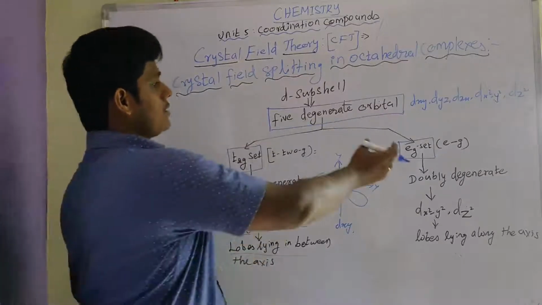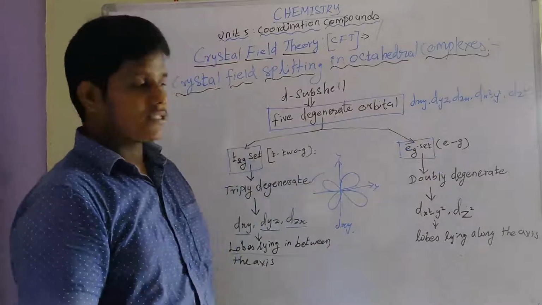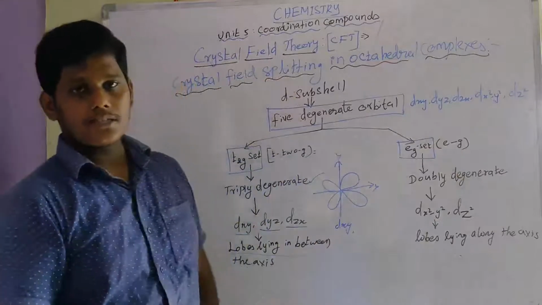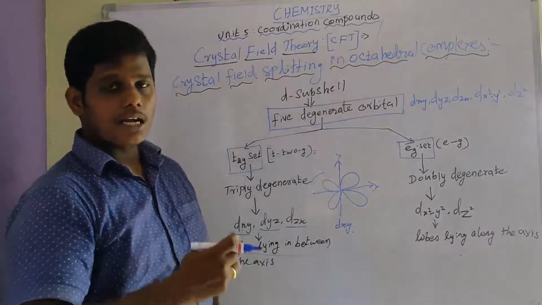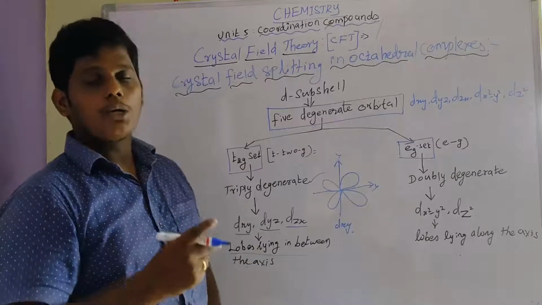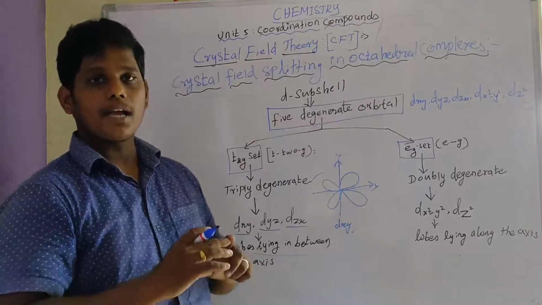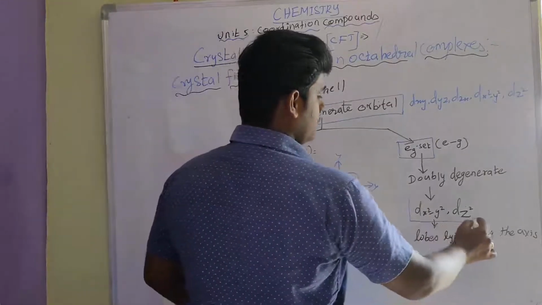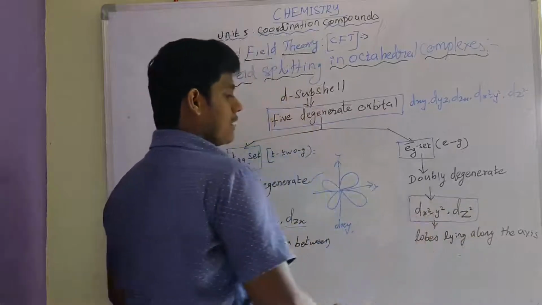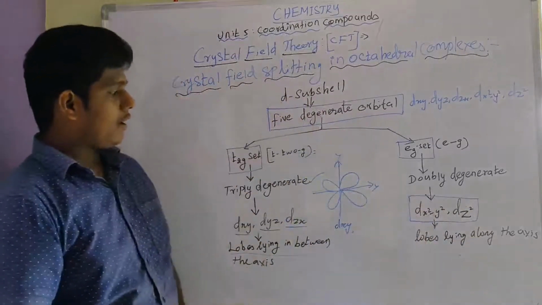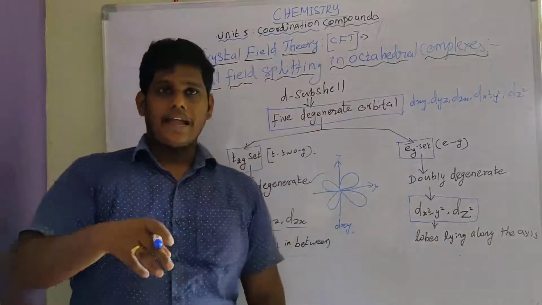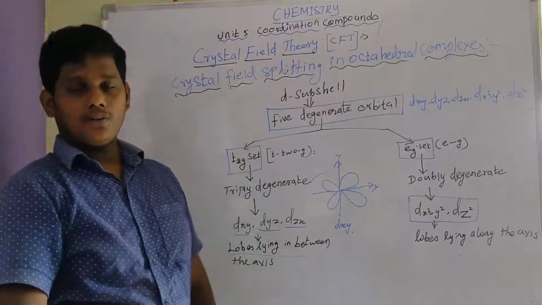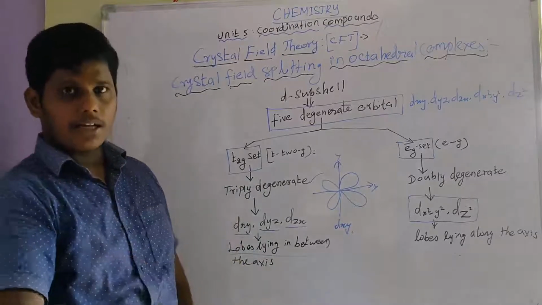Now see the other set, the Eg set of orbitals. The Eg set is doubly degenerate. That means two d orbitals, dx square minus y square and dz square, are at the same energy level. The lobes of these orbitals lie along the axes, directed towards the ligands and the central metal ion.